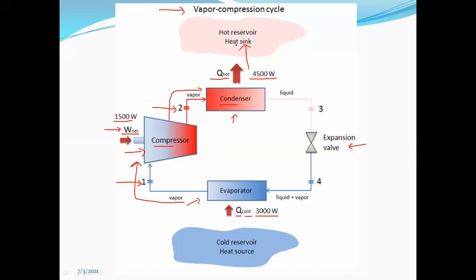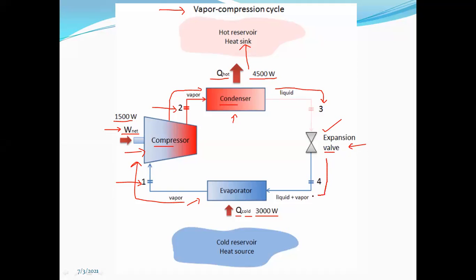The condenser takes heat away from the substance, and the amount may be 4500 watt. Due to condensing action, the vapor is transformed to liquid, which is taken through the third valve to the expansion valve.